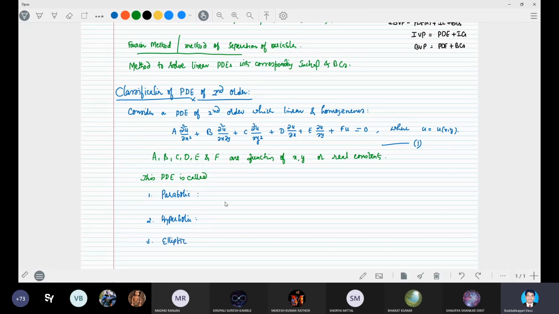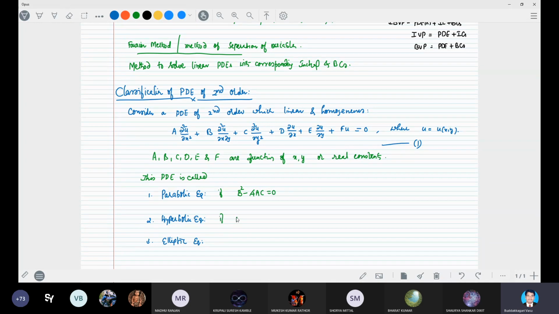Okay, elliptic equation, parabolic equation, hyperbolic equation or elliptic equation. When b square minus 4ac value is equal to 0, it is parabolic.